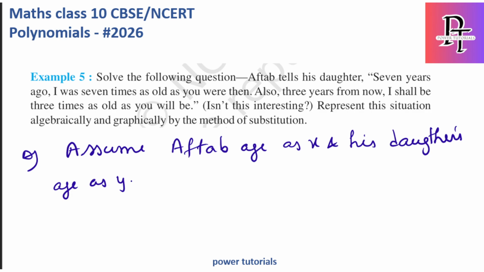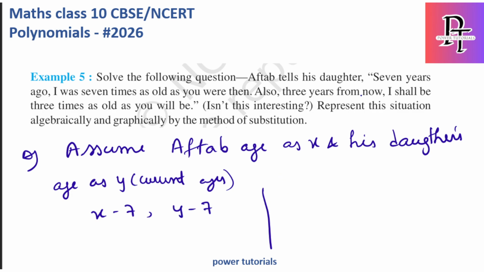These are current ages. Now let's see the two conditions, past and future. Past, 7 years ago. So 7 years ago, Aftab's age will be x minus 7, and his daughter's age will be y minus 7.